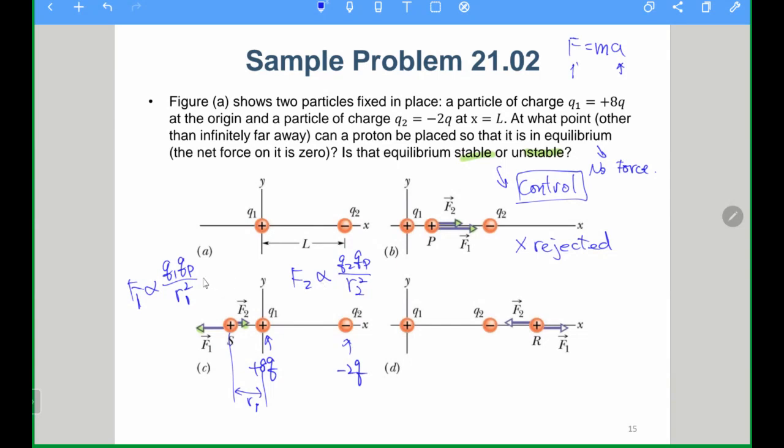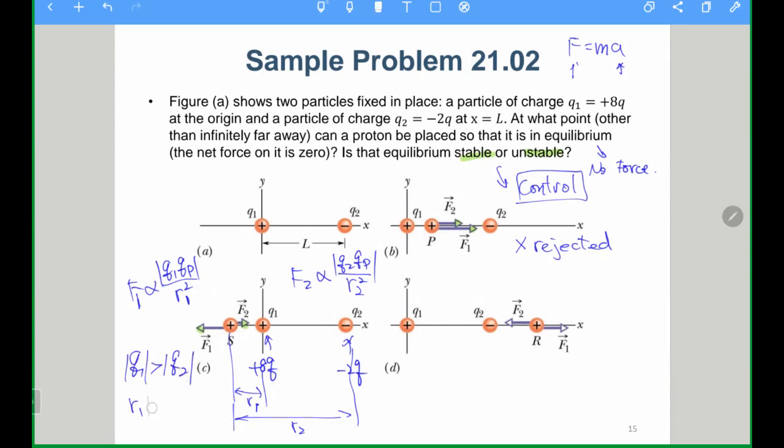Both are proportional to Qp, so Qp doesn't really matter. We can just take the absolute value. Q1 is 4Q, which means the absolute value of Q1 is larger than the absolute value of Q2.